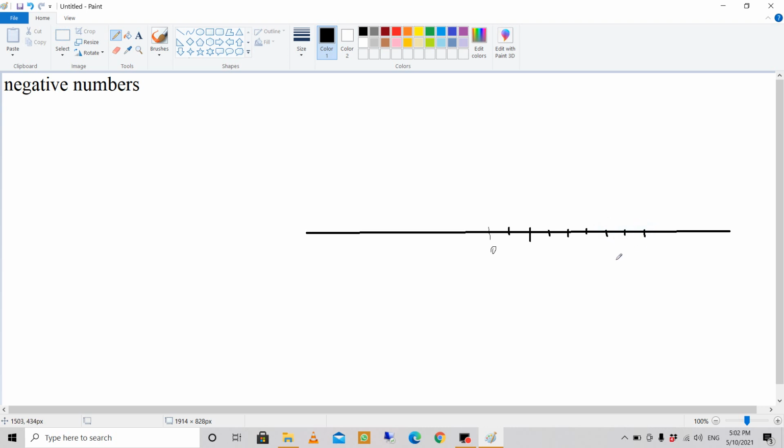If we keep on moving, we can move up to infinity, like thousands, hundreds of thousands, millions. If we keep on moving towards the right side, this side moves to positive infinity. So all of these numbers on the right side are positive numbers.